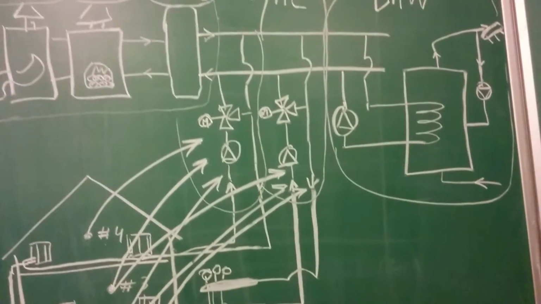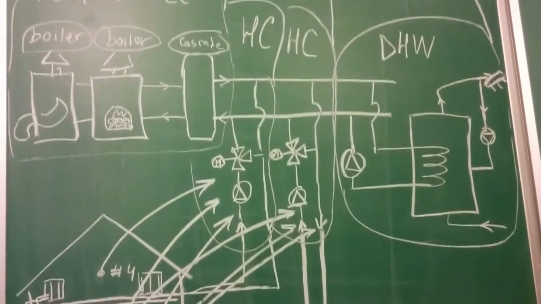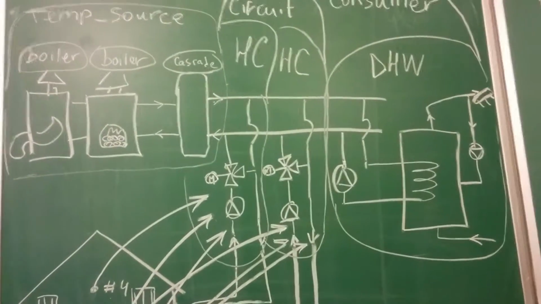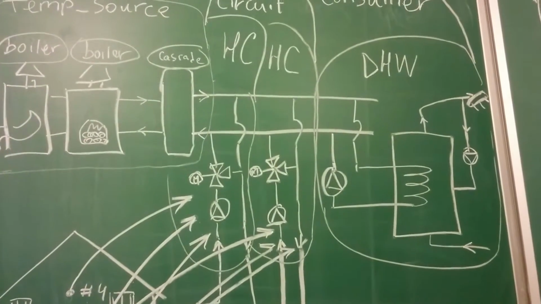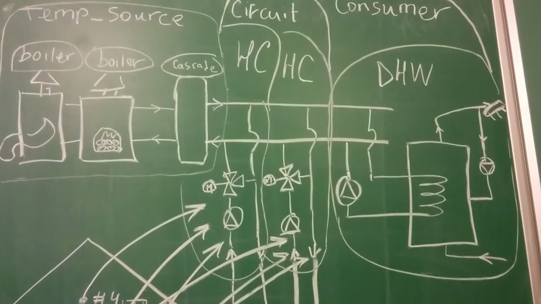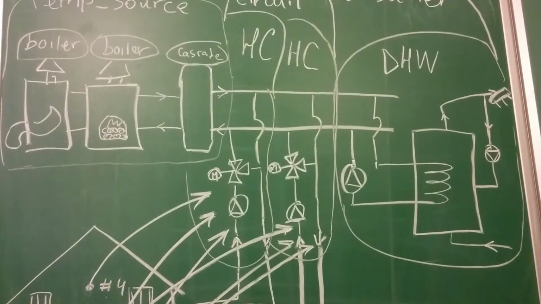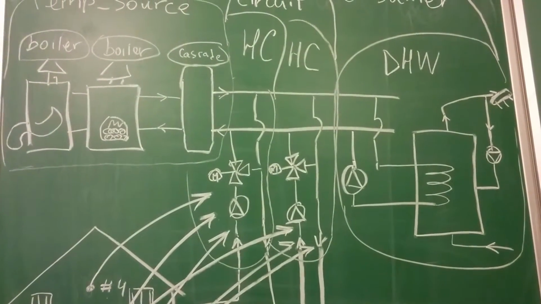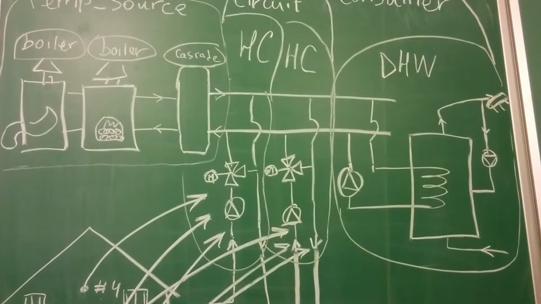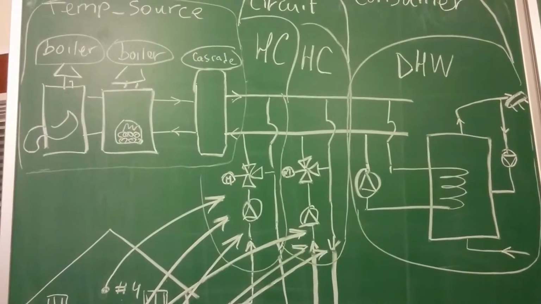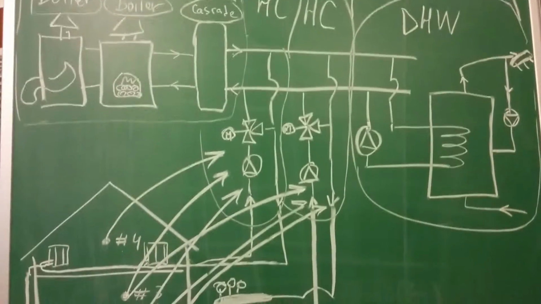So you have two heating circuits. For the system, it doesn't really know what kind of heating circuit it is, whether it is a circuit for underfloor heating or for radiator heating.